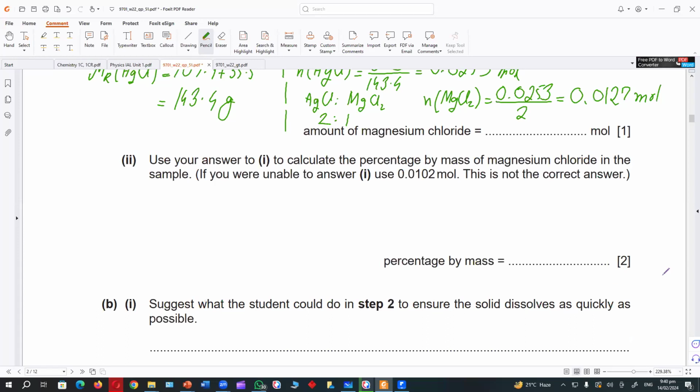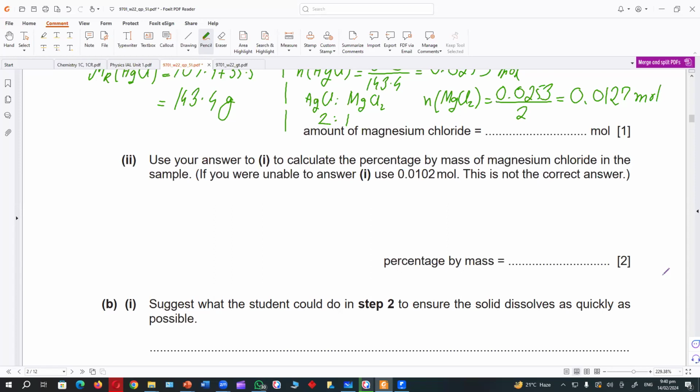Then he says, use your answer to part 1 to calculate the percentage by mass of magnesium chloride in the sample, if you were unable to answer one. So how do we find the percentage by mass? For that we need two things.